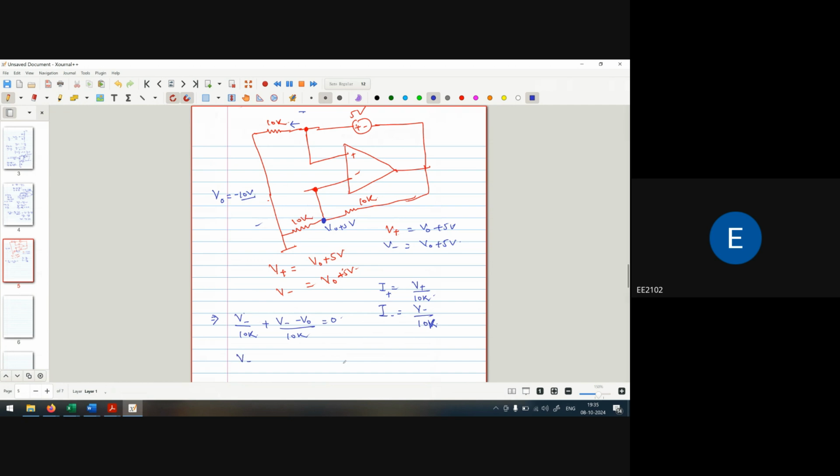So 2 times V minus upon 10K is equal to V naught upon 10K. So these two are cancelled out. So V minus is V naught divided by 2.